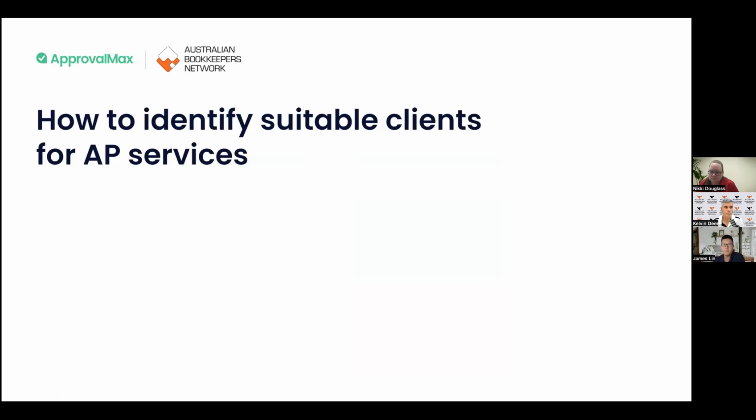What I've seen in some firms that I've spoken to that have found success with delivering this as a service is they start by segmenting their client base into 3 different groups. The first group are typically the ones that are most likely to want or need an AP service. These could be clients that have expressly mentioned that they want or need it, and are based on the criteria that I'll talk about soon.